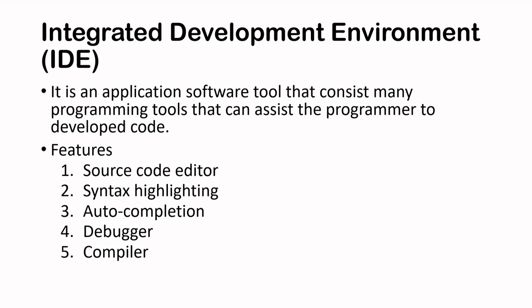And the fifth feature that is essential in the IDE is a compiler. The compiler basically will convert the text file or your source code into machine code.